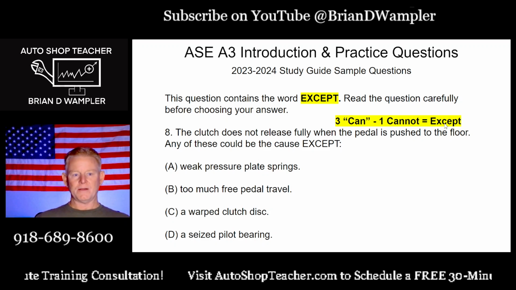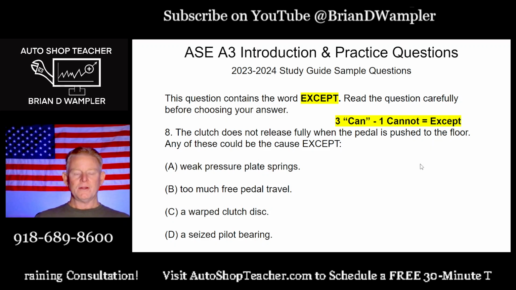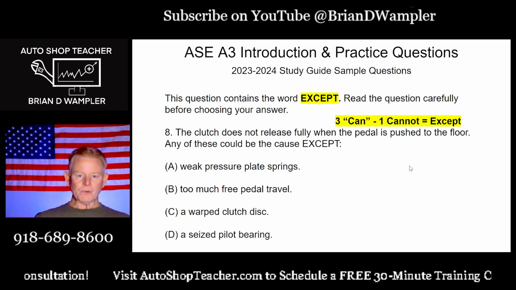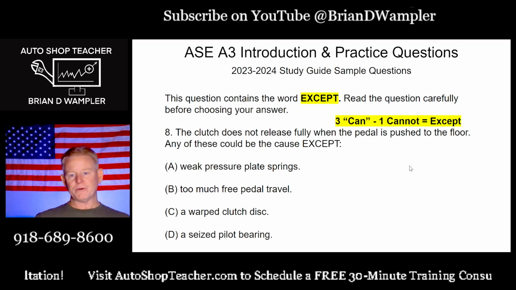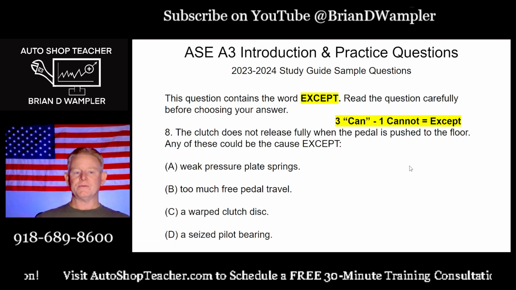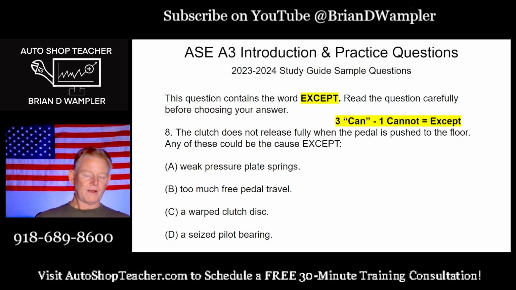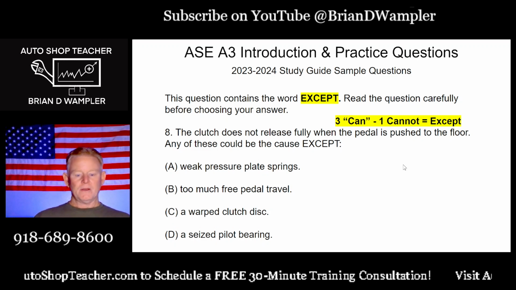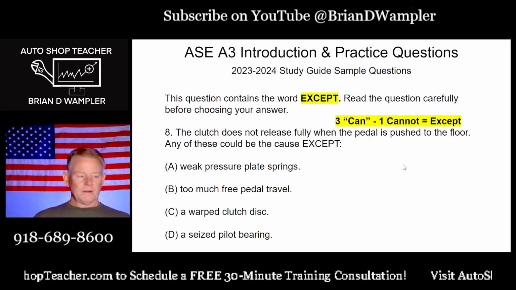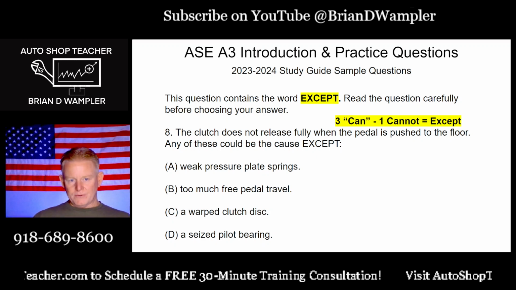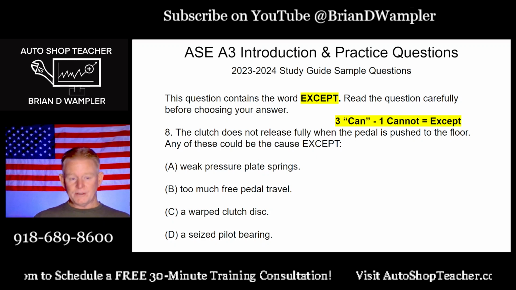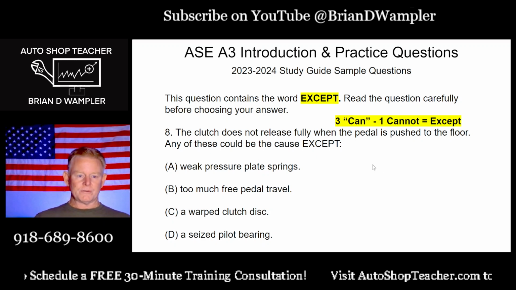The one answer that would not cause what they're describing. So you need to find the three right answers, and that's how you will get your except. It's important to read all the answers in every question, but especially on these except type questions.